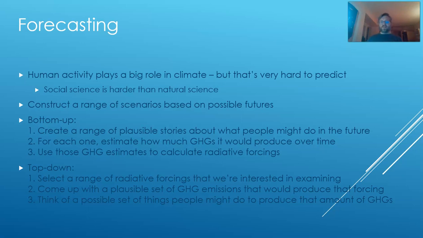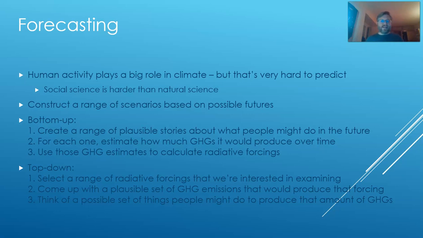And so then once you have those future greenhouse gas emissions estimated, then you can use those to get your radiative forcings. You can calculate what the impacts on the Earth's energy balance are going to be from that. Then you feed those forcings into your model, and it gives you forecasts for the future climate based on each of those scenarios. So that's a bottom-up strategy where we start by telling a story about what we might do in the future and then infer the impacts on climate change of that.